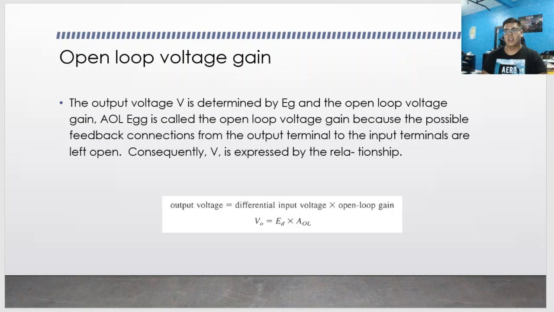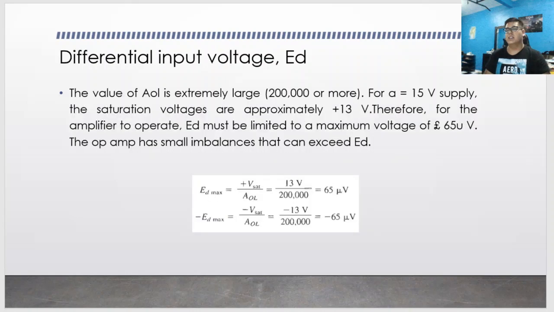The value of AOL is extremely large, 200,000 or more, for a supply of plus and minus volts, where the saturation voltages are approximately plus and minus 13 volts or more, and for the amplifier to operate, ED must be limited to a maximum voltage of about 65 microvolts.